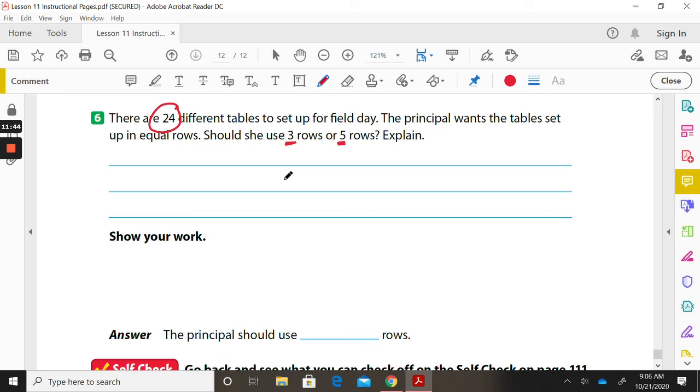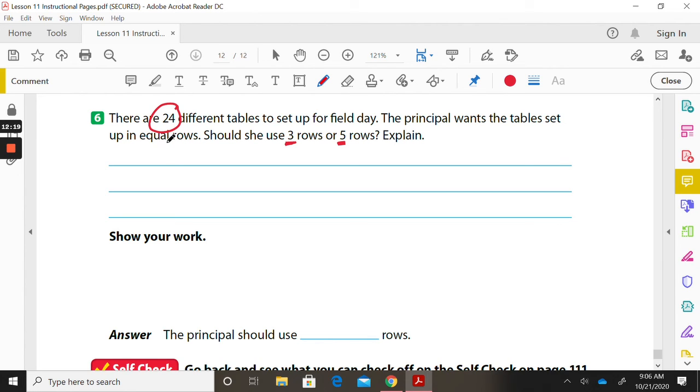If any number ends in a 5, you're able to put it in groups of 5. That would also be true with any number that ends with a 0. So any number like 30 or 35 would be able to be put in groups of 5. But I don't think 24 is divisible by 5. You cannot divide 24 equally by 5. So the principal cannot make 5 equal rows with a total of 24 tables.